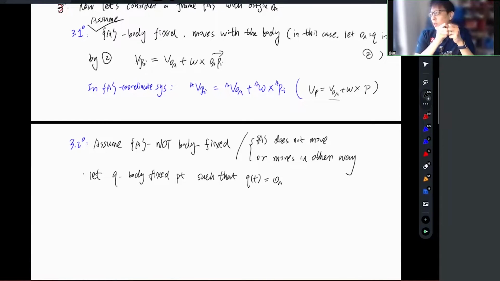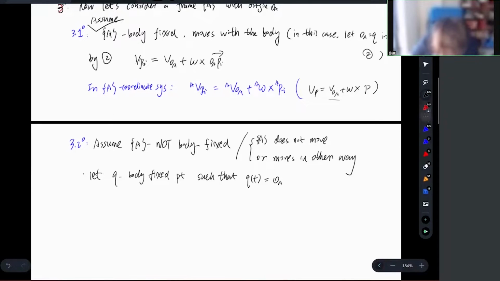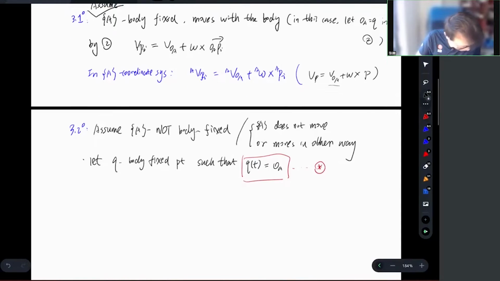Location-wise, they are at the same location, but this point is body fixed, while OA is not body fixed. You see what I mean? OA is a location, but the body has a body fixed point that currently resides at this particular location. Let me denote this equation, let's call this star.